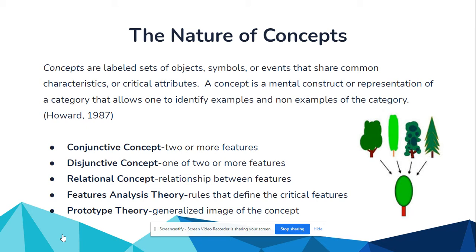Conjunctive concept. That's when we're looking at an object and stating two or more features. For example, a motorcycle must have two wheels and an engine and handlebars. I think we would all agree that we would have to have those things to have a concept of a motorcycle. Disjunctive concept is having one of two or more features. So disjunctive refers to objects that sometimes could be either or.